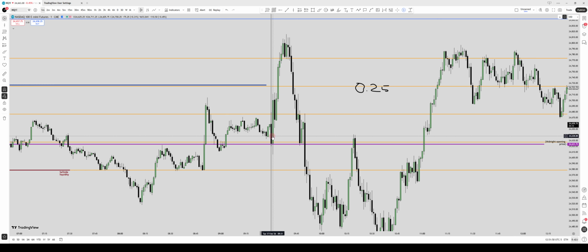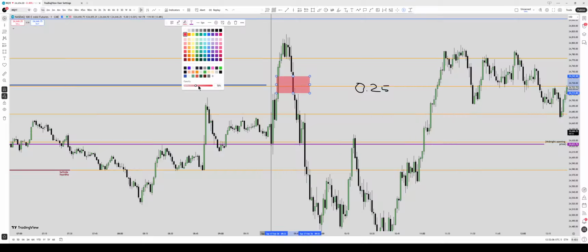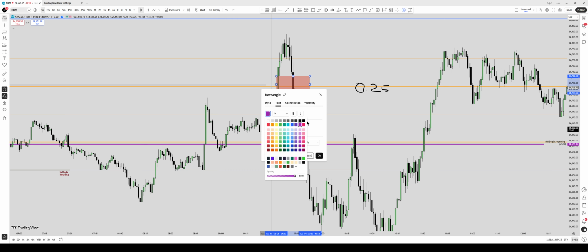9:30 opens. Price rallies to the upside, takes out this buy side liquidity. And what is this right here? This is the first presented fair value gap. Okay, so we're going to shade that into the first presented FVG.